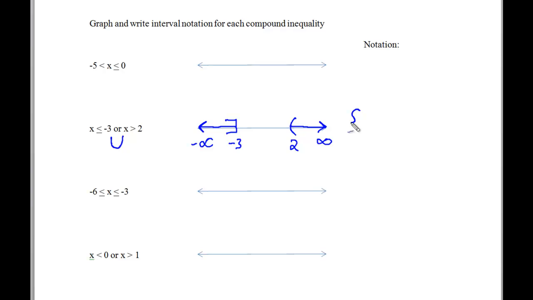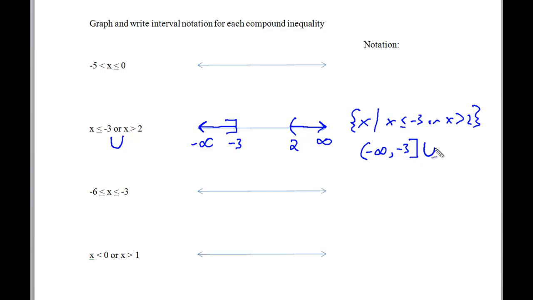So my set builder notation will be x, and x is going to be either less than or equal to -3, or x is greater than 2. Now you can see that again, that's very similar to this. But if we were to write my other notation, which is going to be writing things with parentheses and hard brackets, this would look like soft parentheses, -infinity to -3 with a hard bracket here.